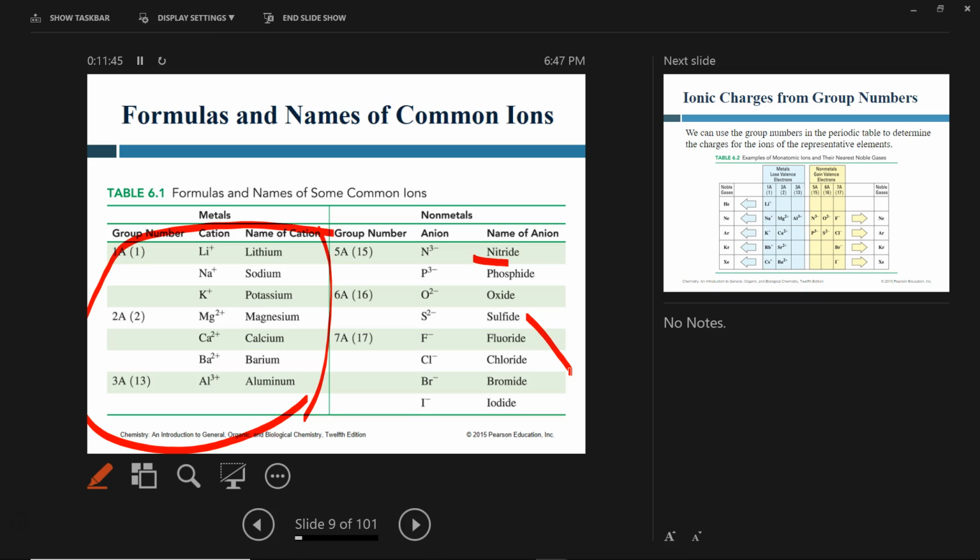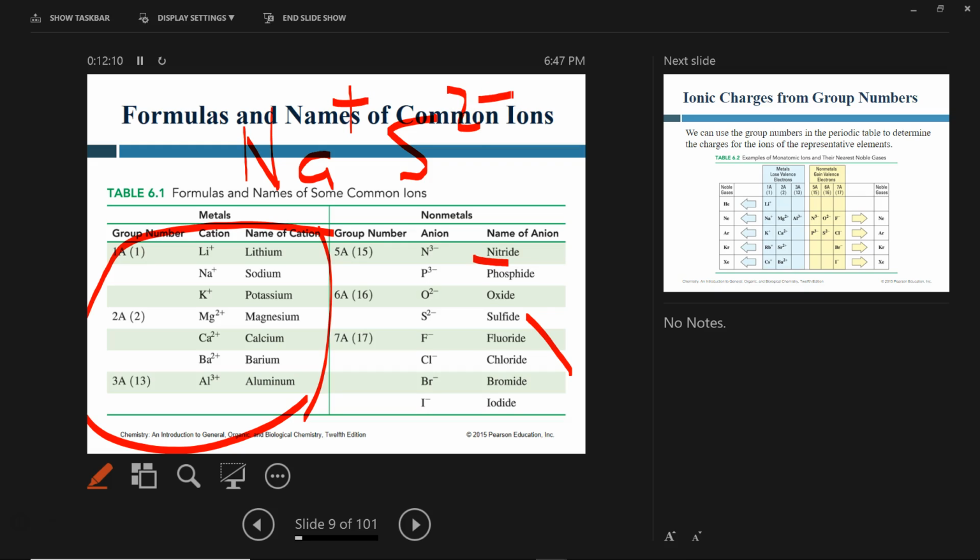So when you have a compound that is sodium sulfide, I'm not putting any subscripts. The charge of sodium always is what? +1. The charge of sulfur is going to be what? -2.